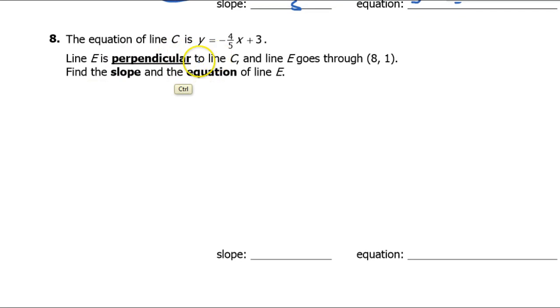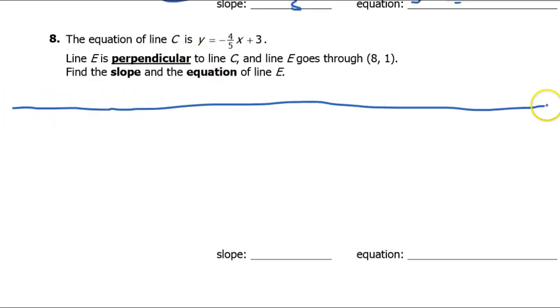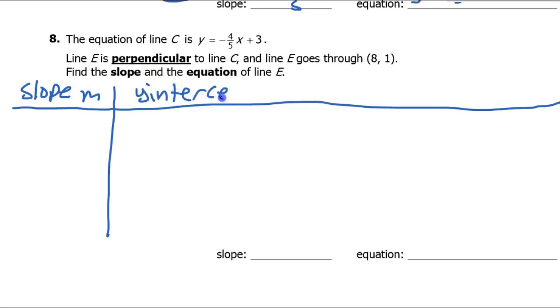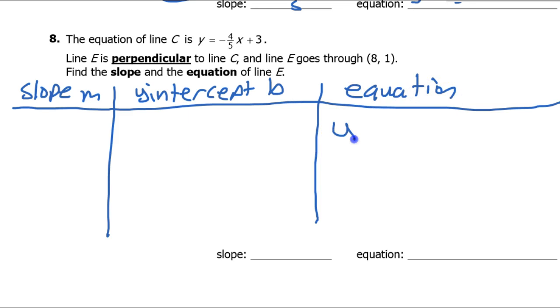Okay, now we're going to do the same thing, only perpendicular. So here's my chart. I'll start by writing the slope m, and then I will find the y-intercept b, and then I will write the equation. The equation is always of the form y is equal to something x plus something.